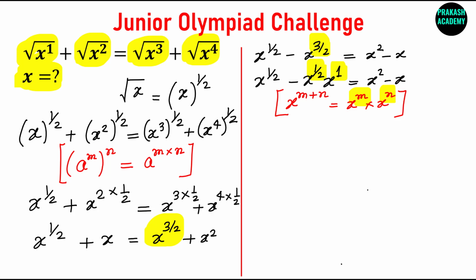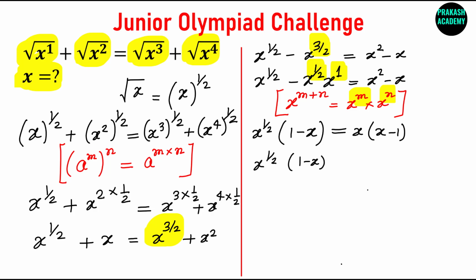So now I can take x raised to the power 1 by 2 common, so I will have 1 minus x. And similarly, if I take x common this side, I will have x minus 1. Now let us take everything to the left hand side. So I will have x raised to the power 1 by 2, 1 minus x, minus x, x minus 1 is equal to 0.